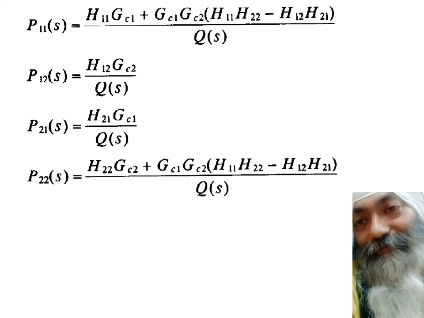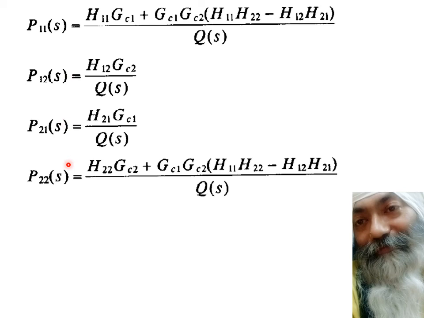Guys, this is the next slide. I told you P11, it has H11, GC1, GC2, H22, H12, H21, and QS. Something in the denominator, we will see in a moment. Similarly, you have P12, P21, and P22.